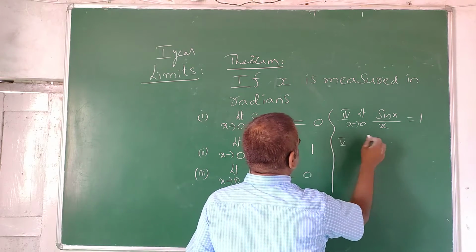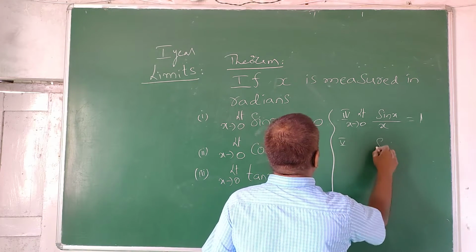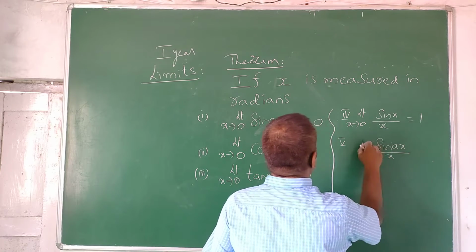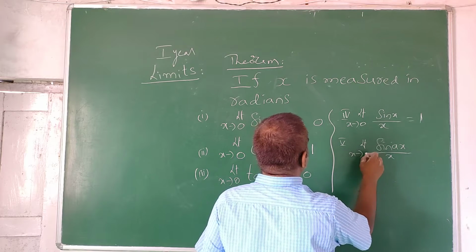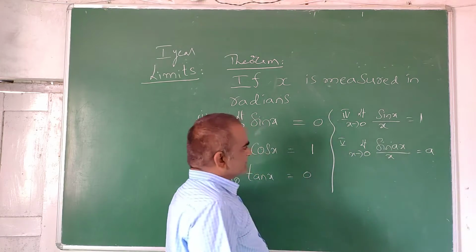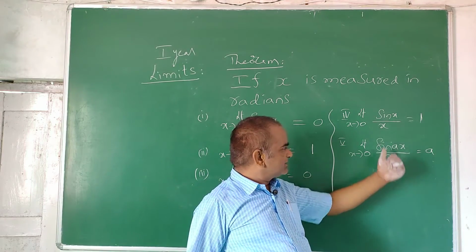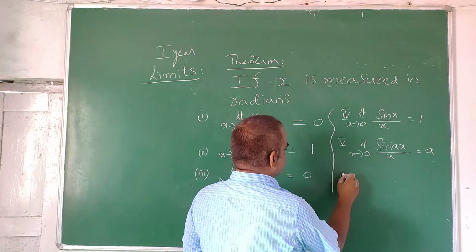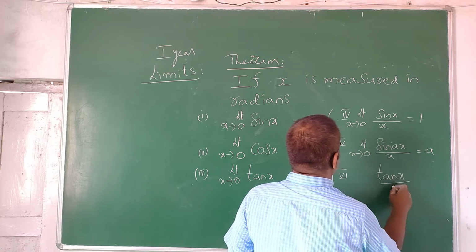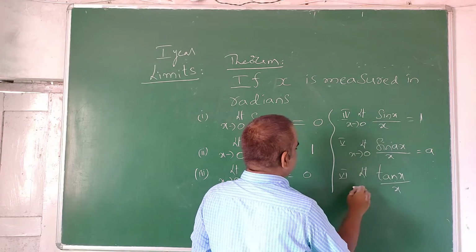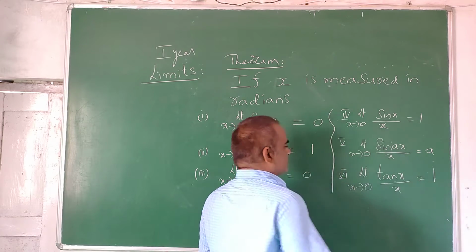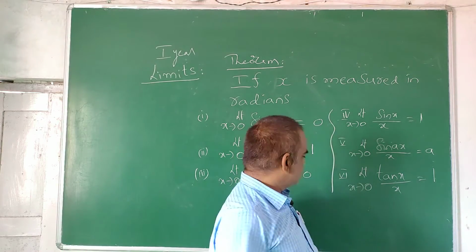Fifth one, limit x tends to 0 of sin ax by x is equal to a. Please do understand this. Sixth, limit x tends to 0 of tan x by x is equal to 1.